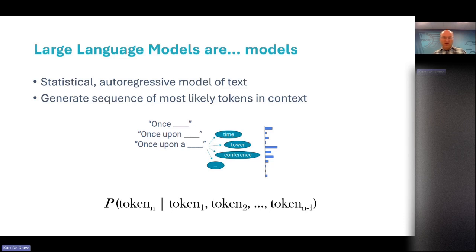So at each point of continuation, you get a distribution of possible continuations in context. So it estimates the probability that a token should follow at location n, given all the previous locations in the document, so position 1 till n minus 1.